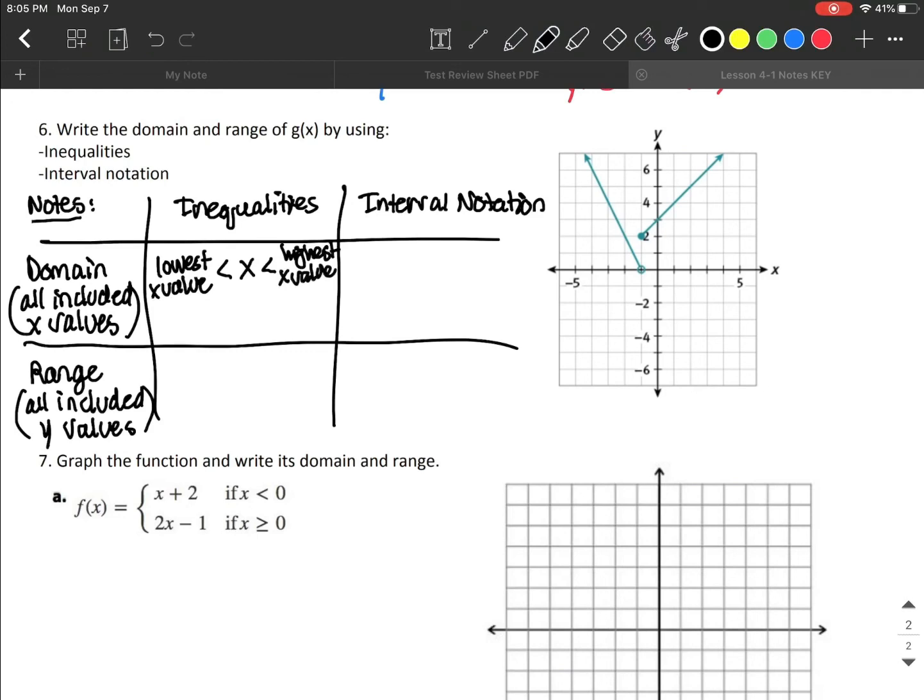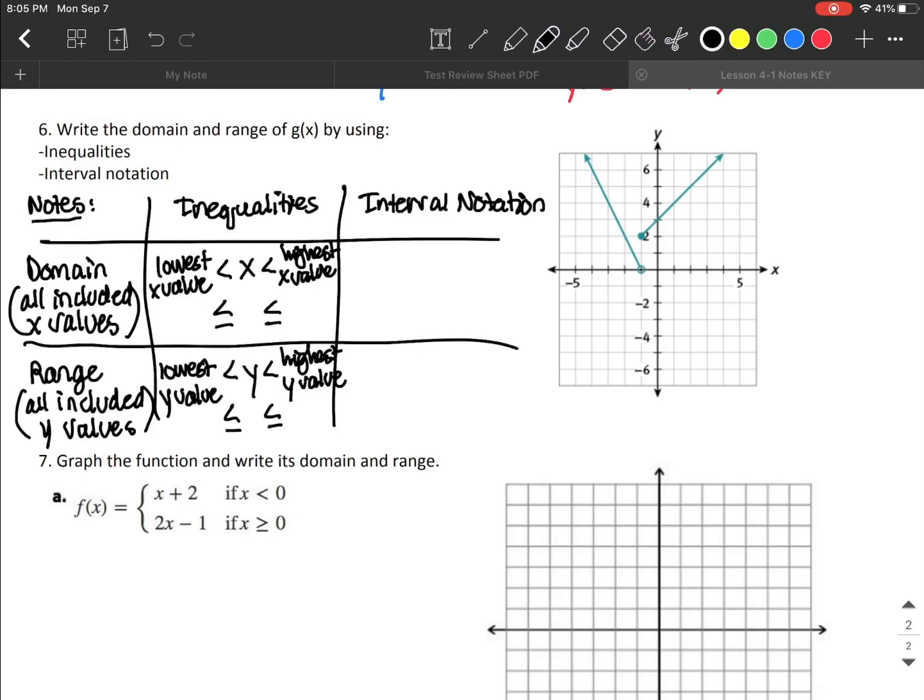I could also write less than or equal to, depending on if the highest value and lowest value were included or not. For range, I write the lowest y value is less than y, which is less than the highest y value. Same thing, just y instead. Again, I could also write less than or equal to for this compound inequality.